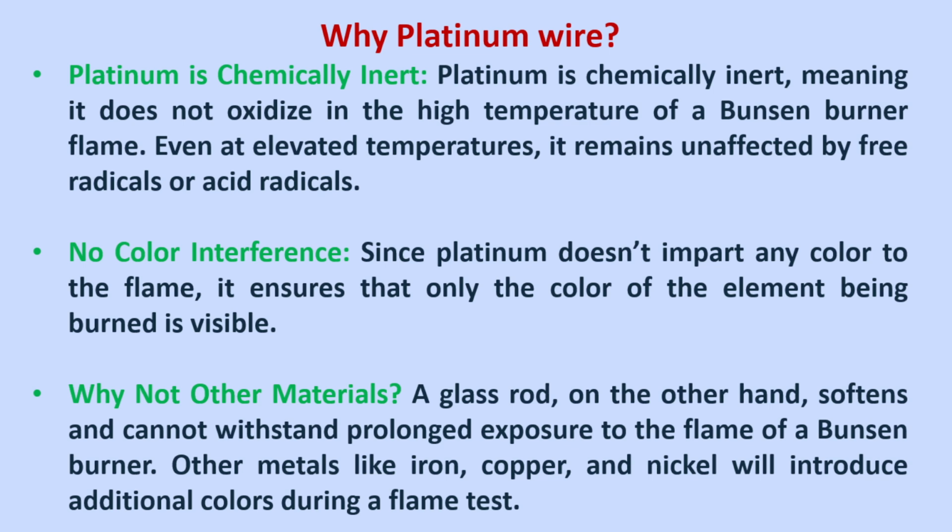Other metals like iron, copper, or nickel would also introduce their own color to the flame, which would interfere with the color we are trying to observe from the element itself. So, in short, platinum is ideal for the flame test because it is stable, doesn't react, and ensures we get a clear, uncontaminated result.